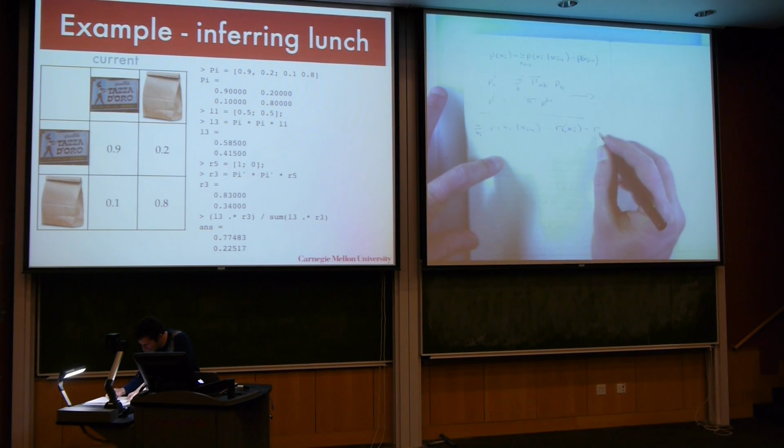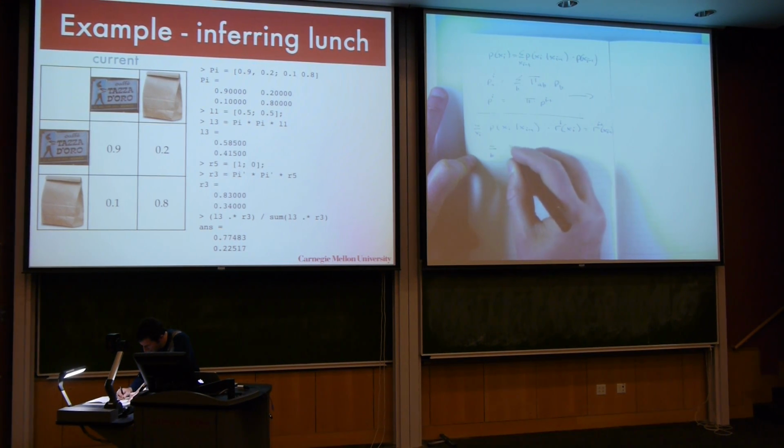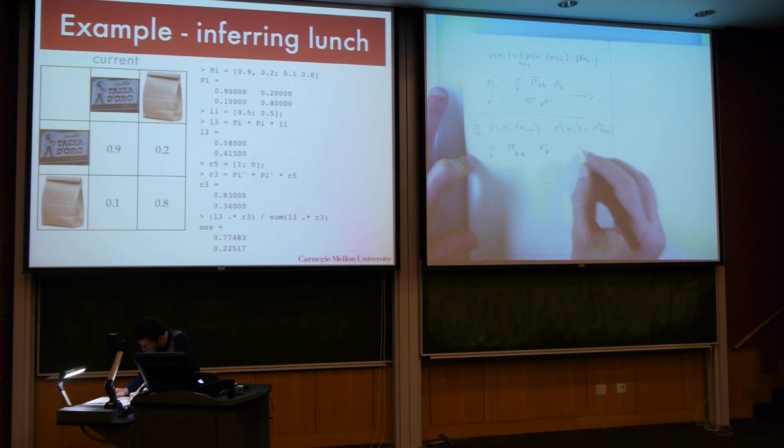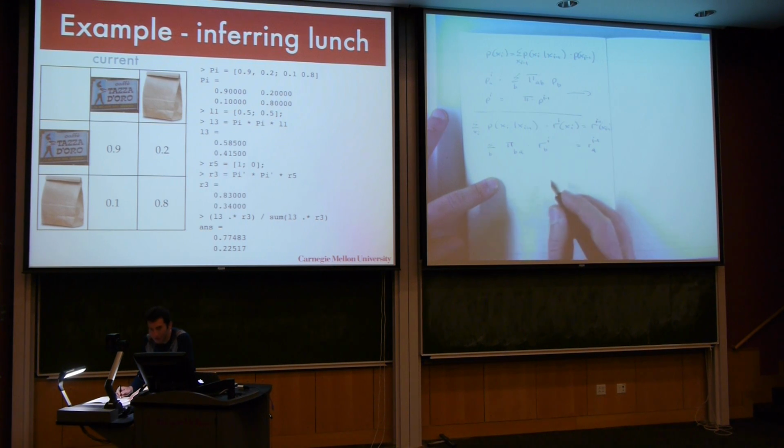This is R i minus 1 of xi minus 1. Okay, now this is again the sum over B of pi BA times RB, this is R i minus 1 A. Now this is of course nothing else but pi transposed.